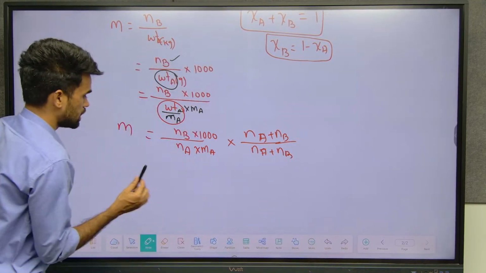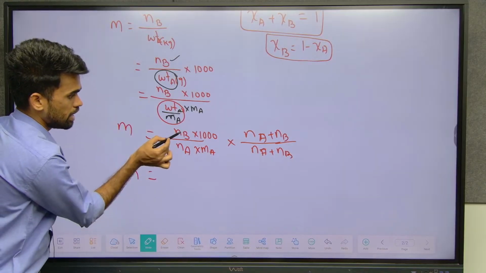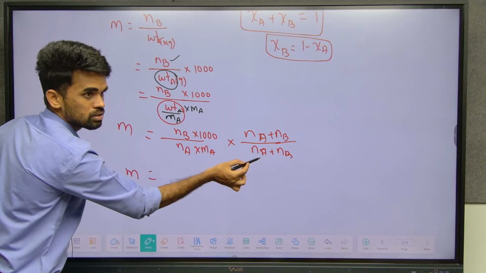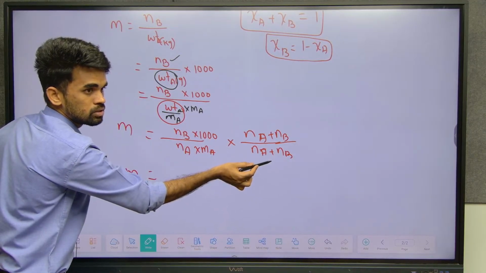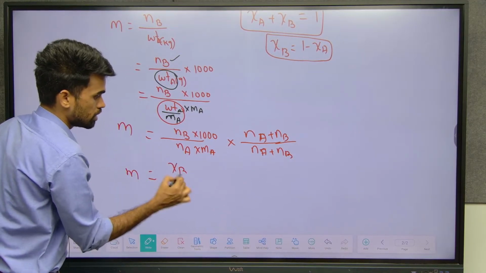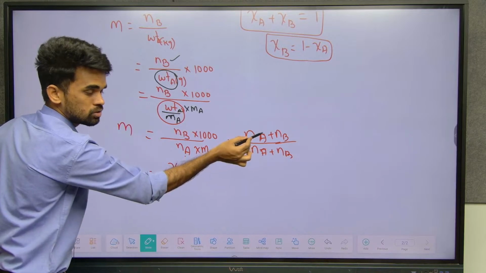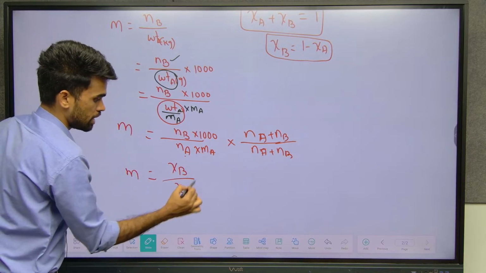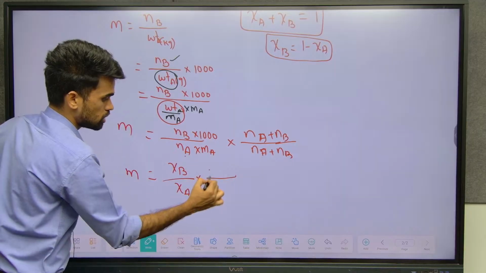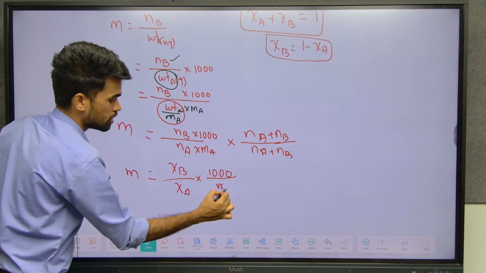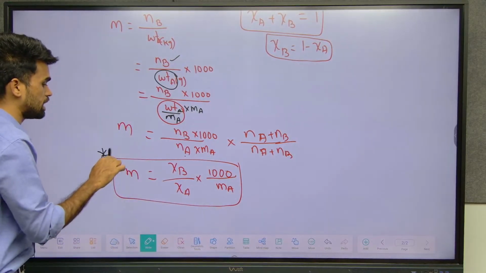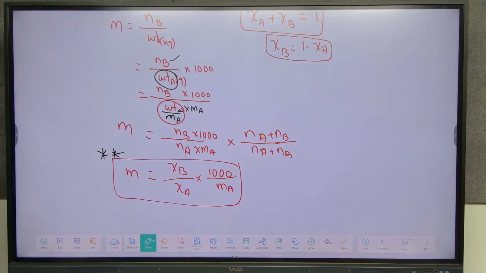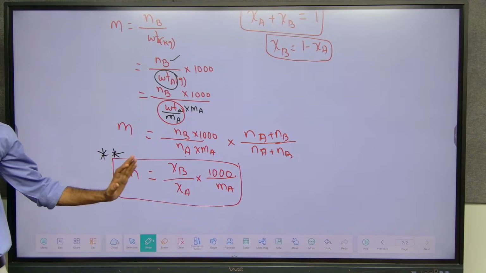So just check here, m equals Nb by N total, the number of moles of solute by the total number of moles. That is the mole fraction of B. Na by N total is the mole fraction of A, into 1000 by Ma. So what is the final relation we got between molality and mole fraction? This is the final relation you should remember now.